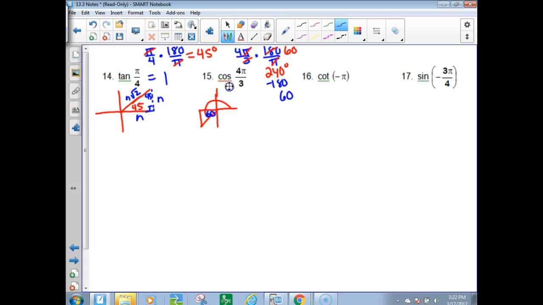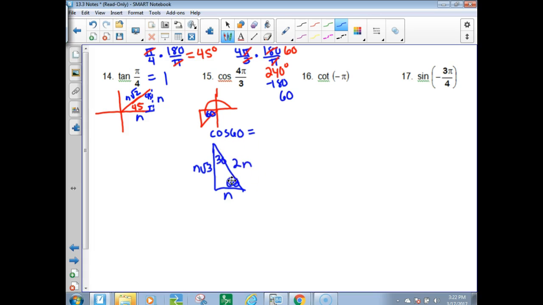So I need to do the cosine of 60. I'm going to figure out the cosine of 60 using special right triangles. I'll just remind you of the pattern. 60 is opposite the long leg. That's n root 3, n, and 2n.